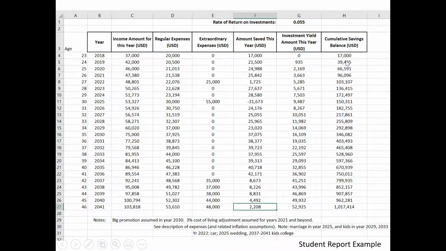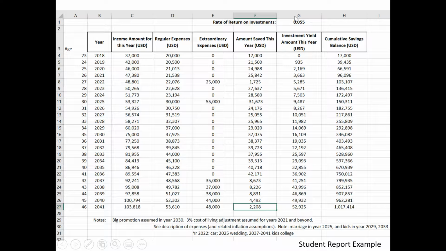But then the following year's cumulative savings balance is the previous year's balance. So it's how much you had in the account last year, plus the amount of new money that you're depositing this year. So that's the $21,500. And then this investment yield, $935, that's how much interest or growth has occurred on the previous year's balance.